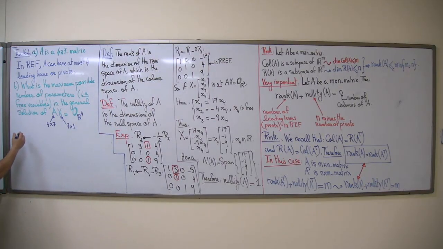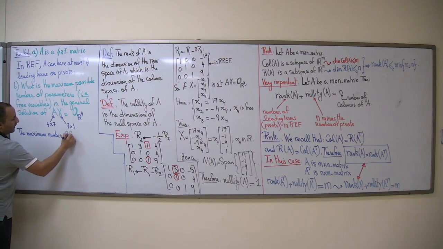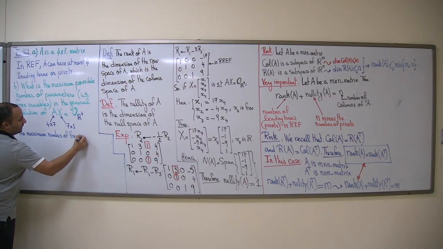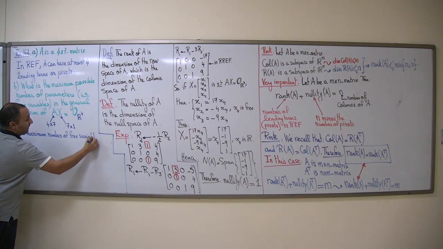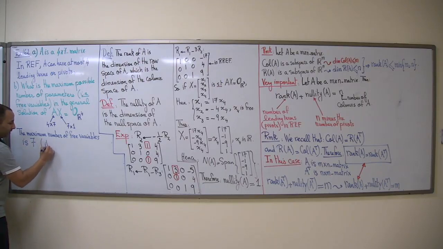So the maximum number of free variables or free parameters is 7.